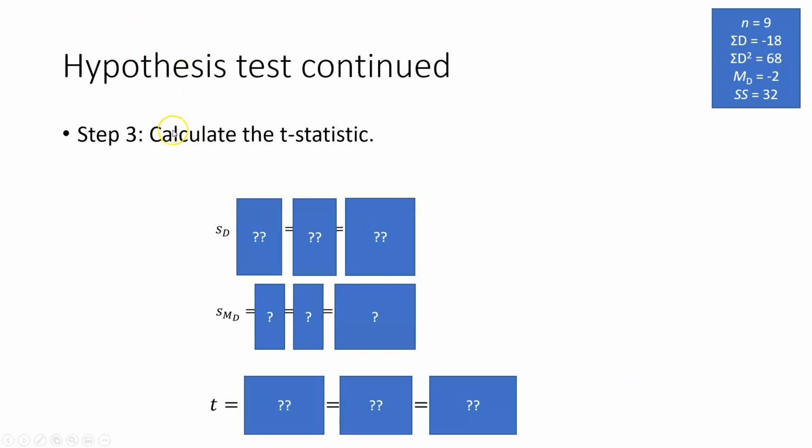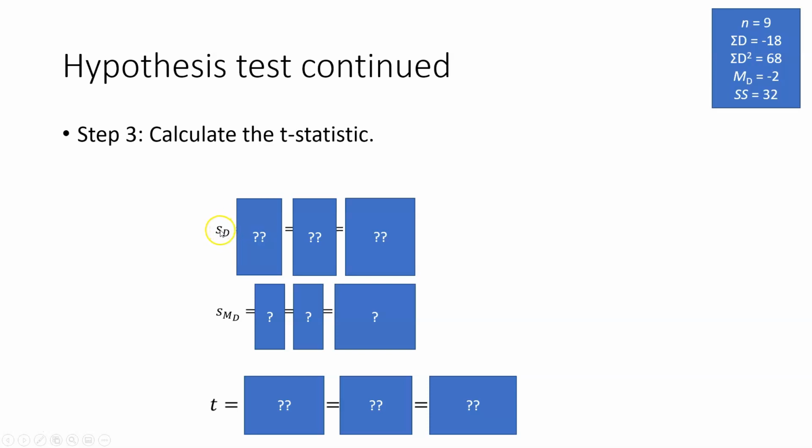Okay, we've got step 3 now. Calculate the t-statistic. Look in your formula sheet to see what is the formula for standard deviation. Now remember, we've got the d-score here as a reminder for this particular module, but in your formula sheet, it's not going to say the little d.